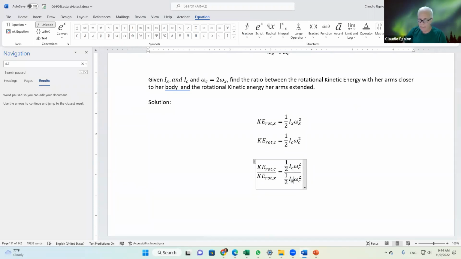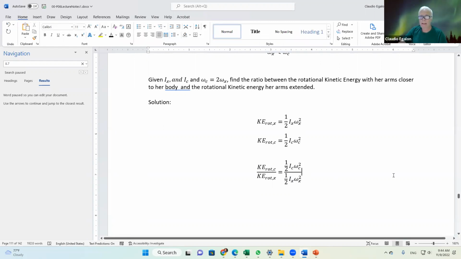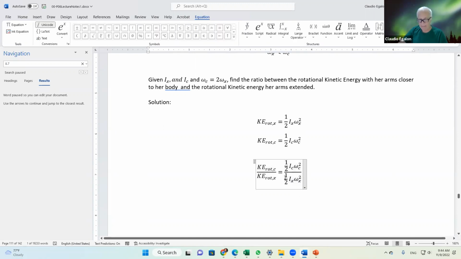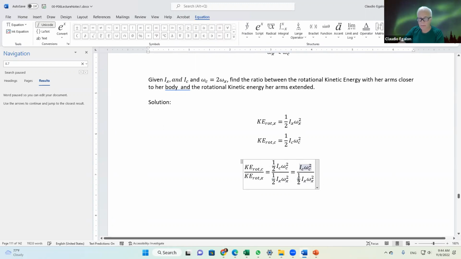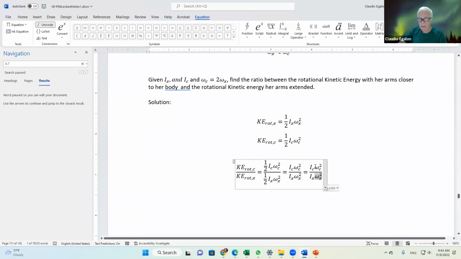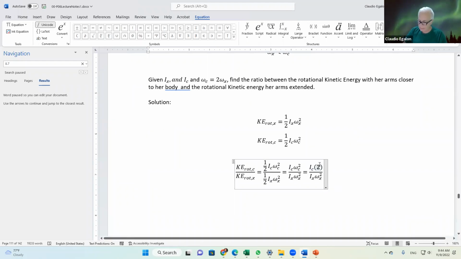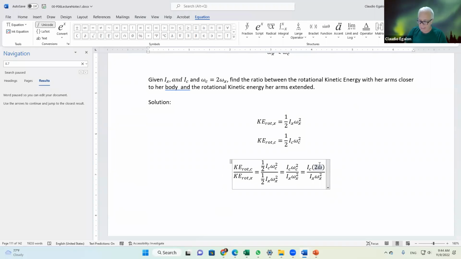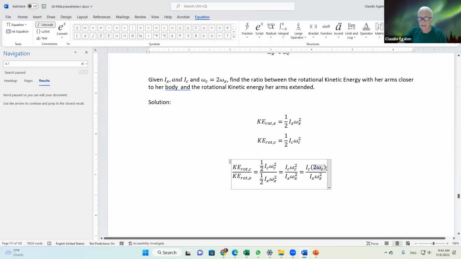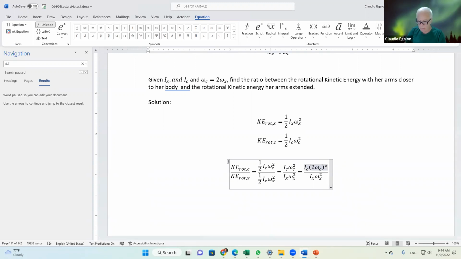Extended. Here you go. Like that. Half cancels out with half. Compressed is twice the extended angular velocity. Here you go. I'm going to write that down here. Twice omega compressed, and we get square here.